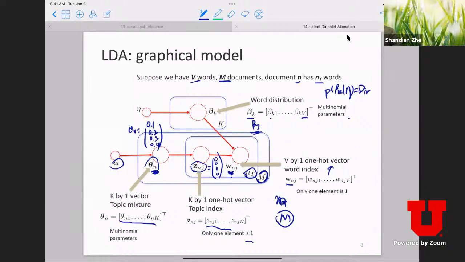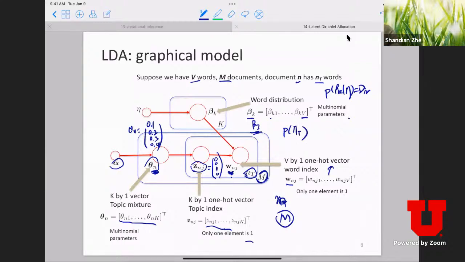Well, you can model the number of words in the document, but right now the data is given. So that means the length of each document is given. I know, but then you are defining the model. Yeah, for defining a model, you can apply a prior over N_n as well.